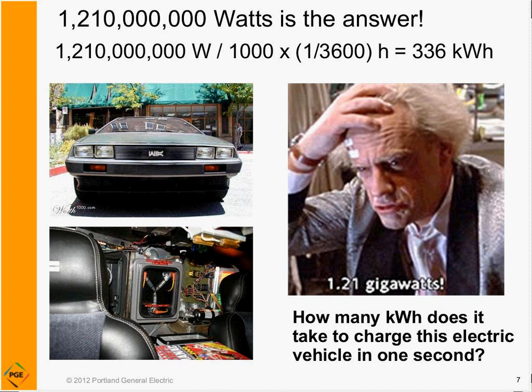One second is the charge time, so that's 1/3600th of an hour. That gives 333 kilowatt hours per trip. If you were paying about 10 cents a kilowatt hour, that would be about $33.60 every time you took the trip. So the formula you have can be used in lots of fun places.